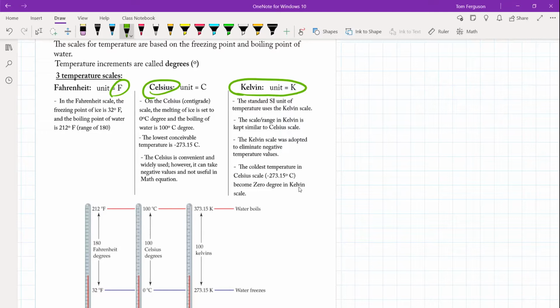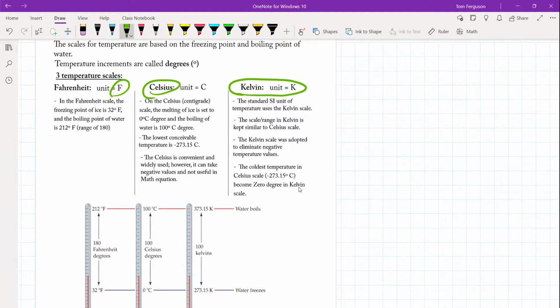Now, in the past, temperature was always measured in terms of water freezing and water boiling. So in Celsius, water freezes at 0, boils at 100. Really nice units, got 100 units there.